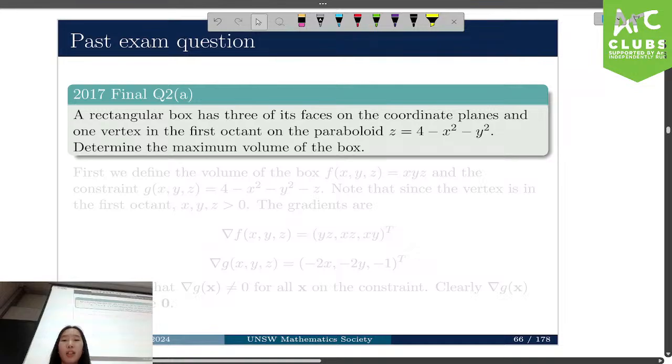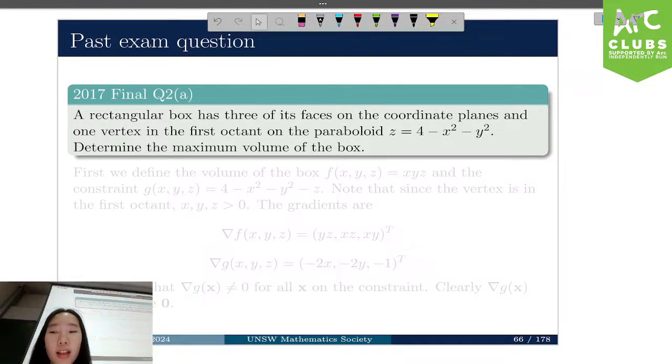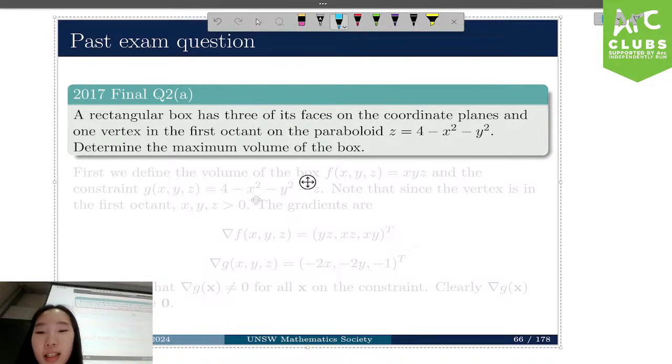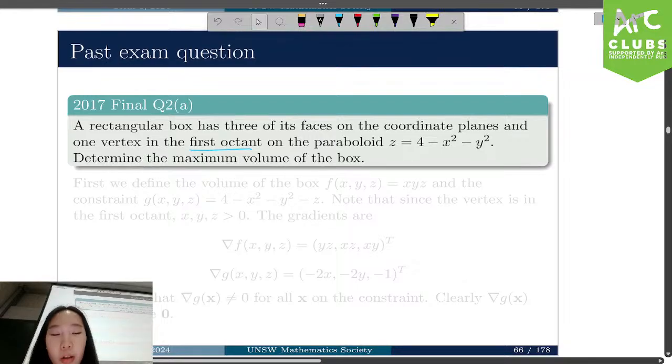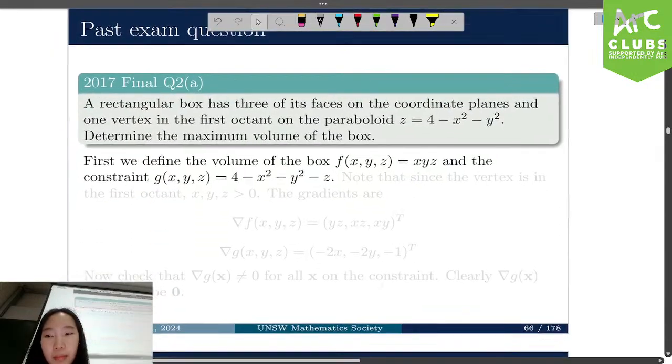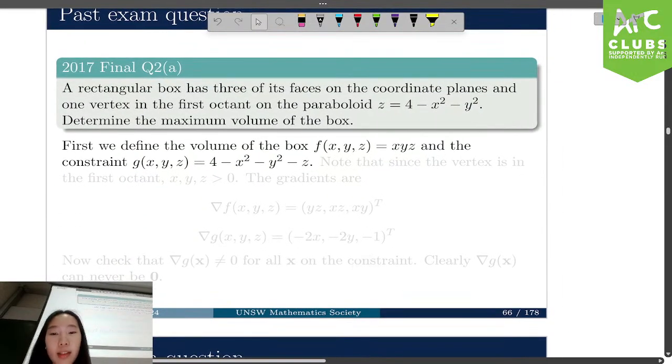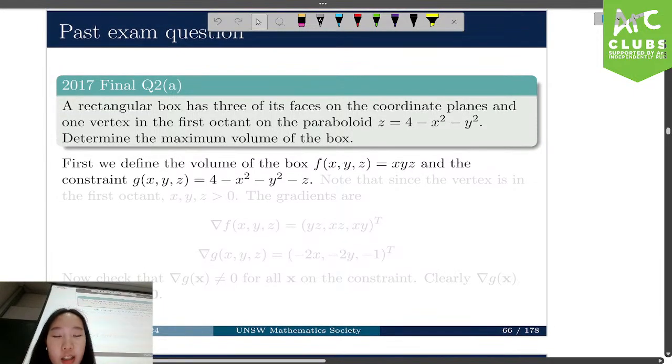A rectangular box has 3 of its faces on the coordinate planes and one vertex in the first octant, on a paraboloid z. Determine the maximum volume of the box. Okay, so our first step is actually to define f and g.